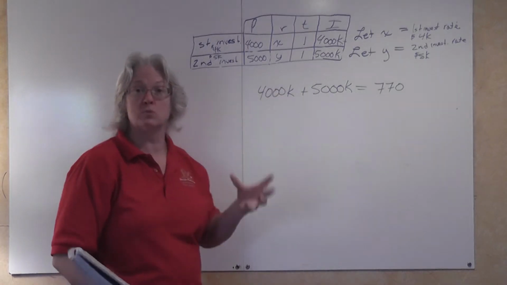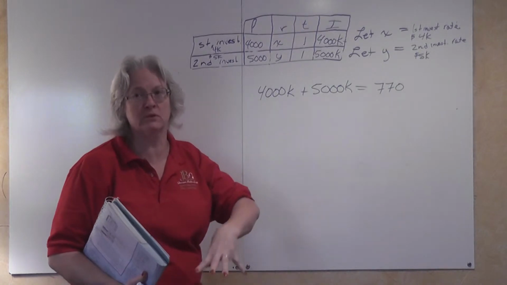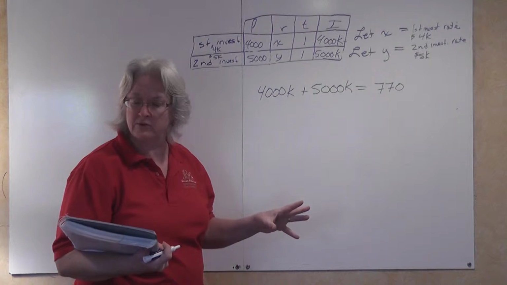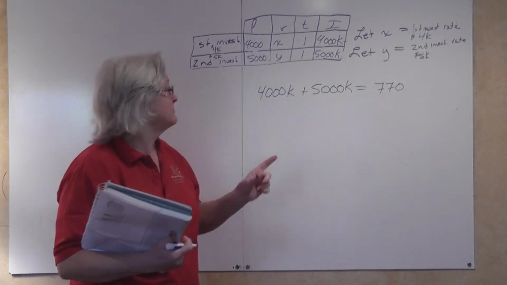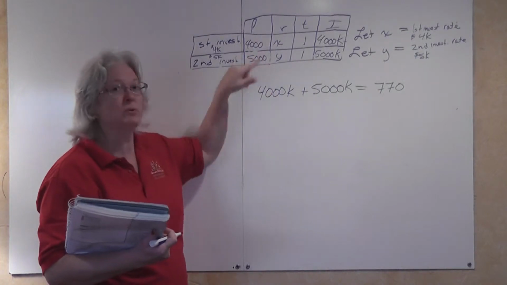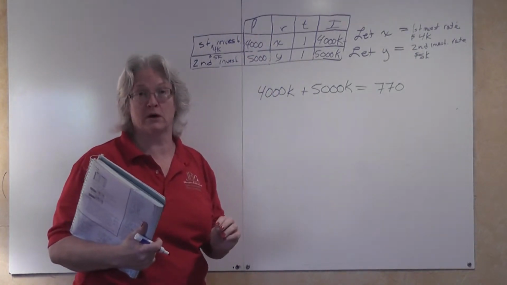Usually when you're working these word problems in two variables, one of the equations just absolutely leaps off the page at you. Now the second piece of information is contained in this. It says the interest rate on the $5,000 is 1% higher than the interest rate on the $4,000.